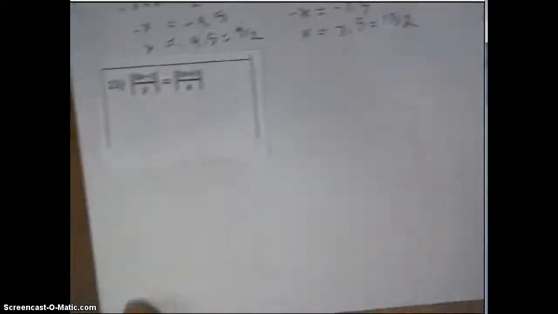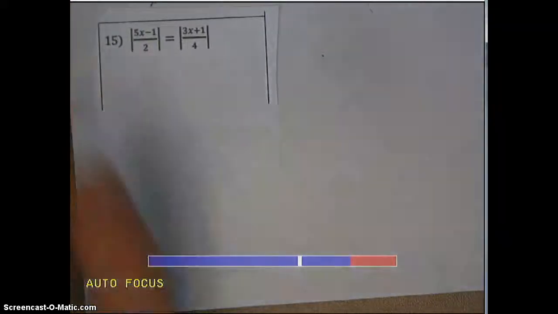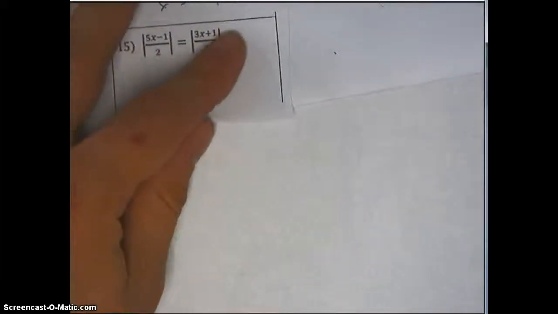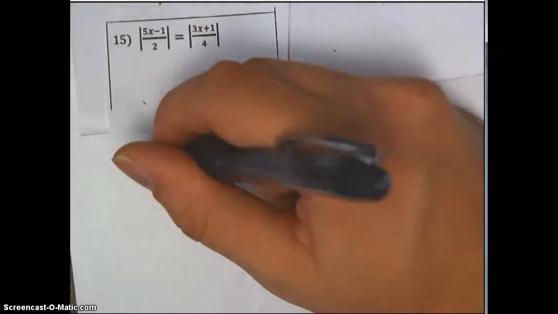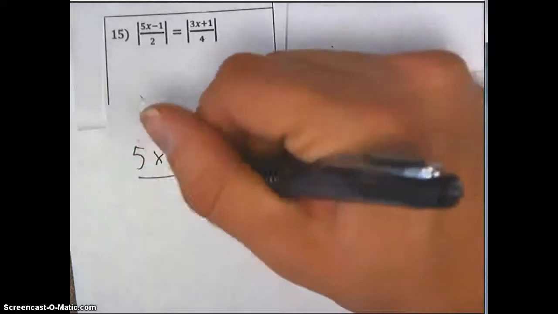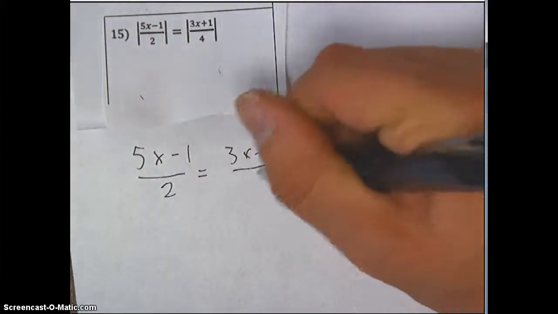Let's do one more. That's a real fun looking one. So the process here is on this problem, I'm going to do the exact same process. I'm going to say, okay, 5x minus 1 over 2 equals 3x plus 1 over 4.